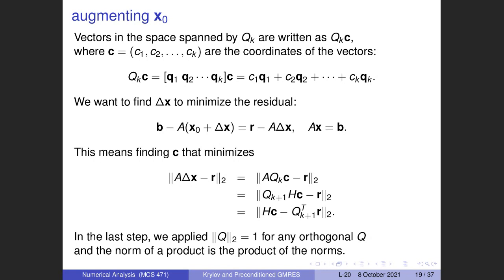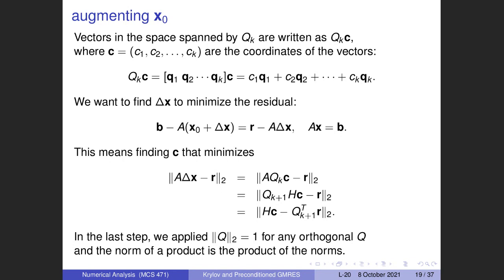So in formulas, we can do the minimization of the residual here. Minimizing the residual means that we solve in the least square sense. So we are minimizing this objective here.